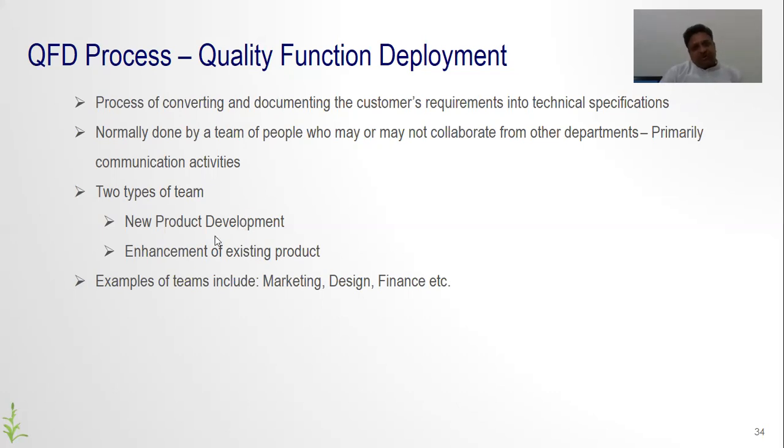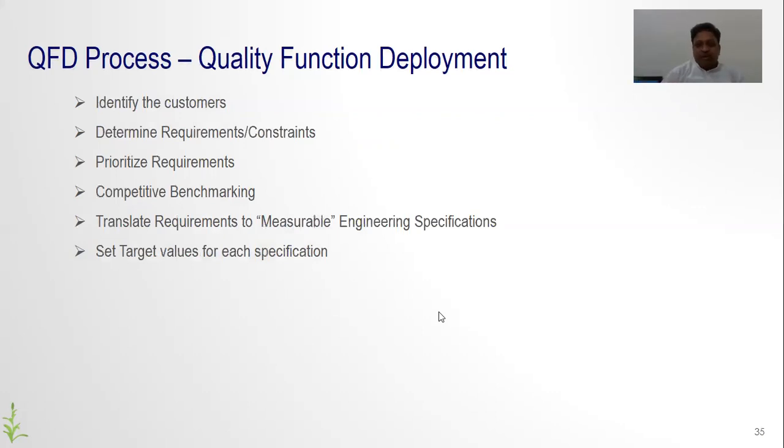Two types of team: new product development team and enhancement of existing product. So both teams pertain to the QFD process. Examples of teams include marketing, design, finance, etc. So in finance, in the sense of the costing department, those who are directly responsible for generating the quotations and proposals are related to that.